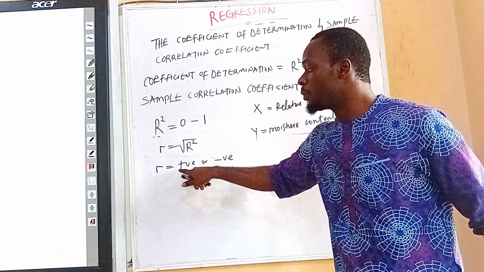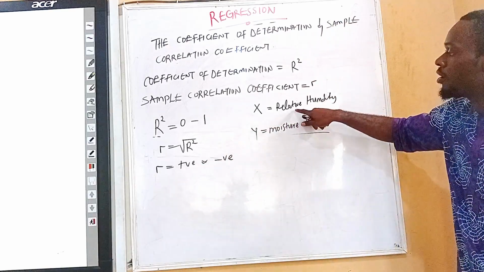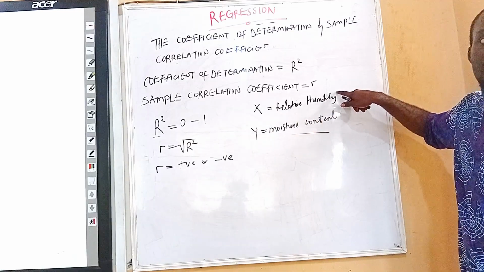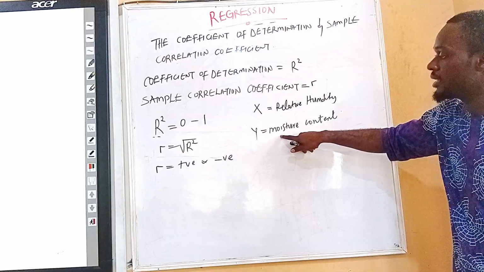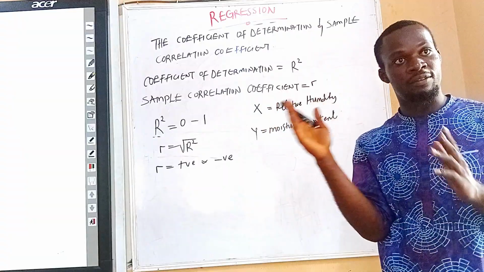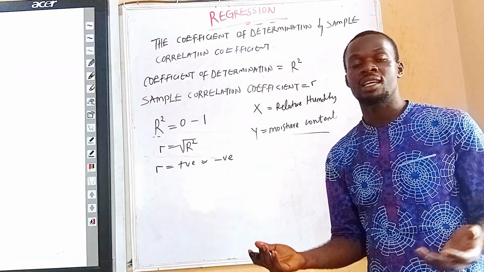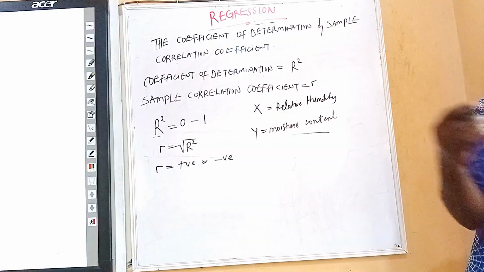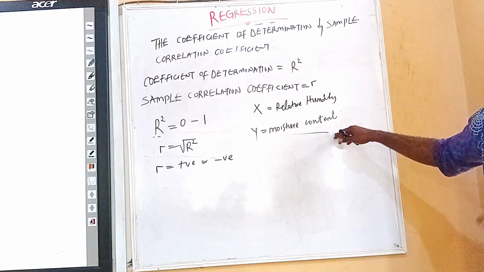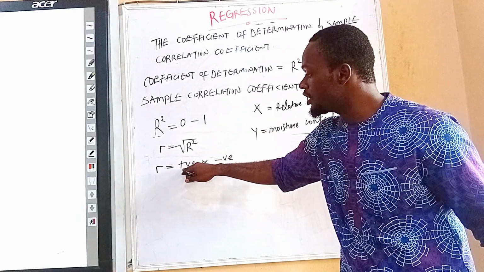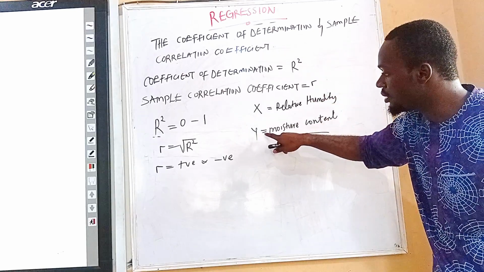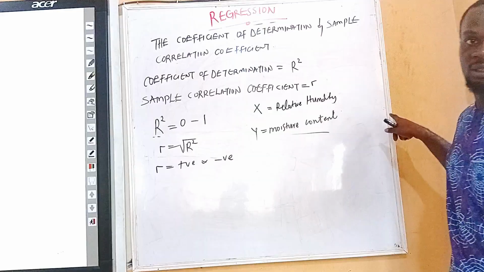This R is not telling you that. For the 15 days, some days the relative humidity will have an impact on the moisture content. But this value is telling us that once it is positive, it means that more values of X explain the difference in the moisture content.